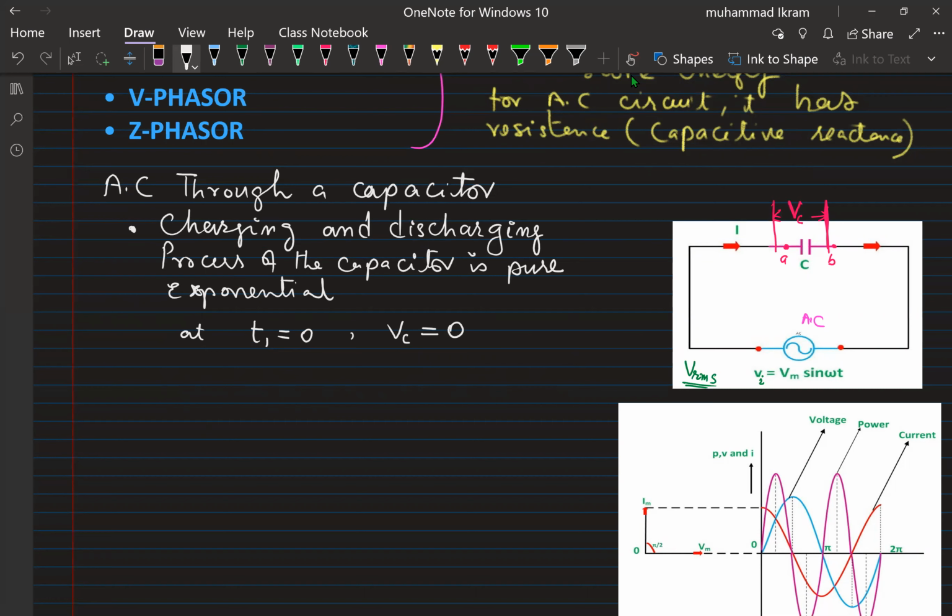Now, as time passes, charge builds on the capacitor, and at some time t2 the charge is going to build up.